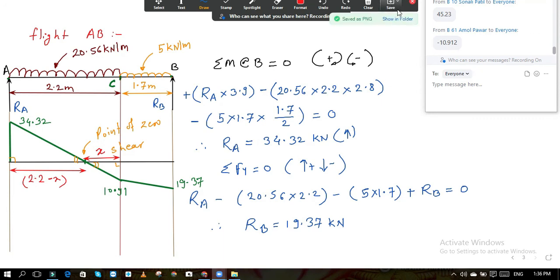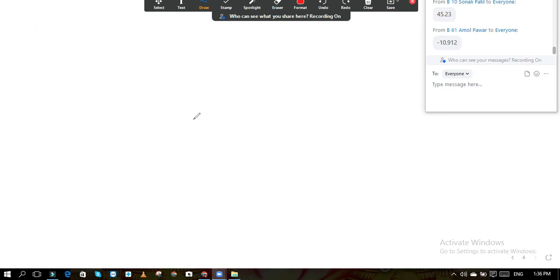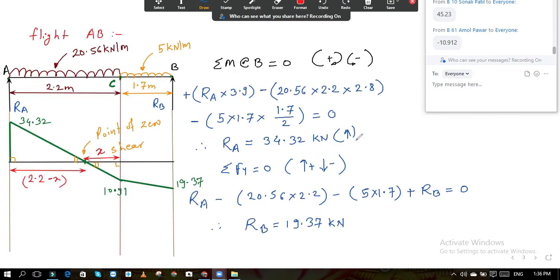Now we know that similar triangles are having their sides in proportion. So the ratio of height to base we will take. 34.32 divided by 2.2 minus x must be equal to the ratio of this side, that is height, to x.